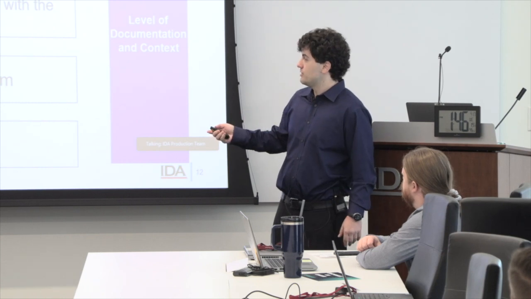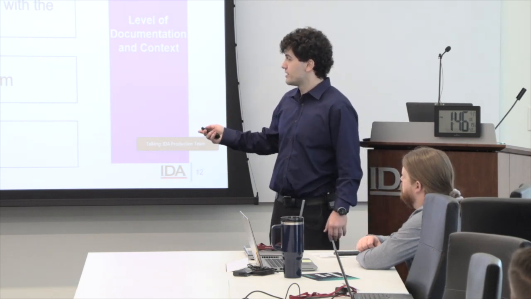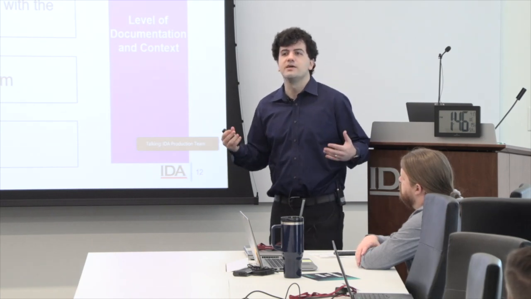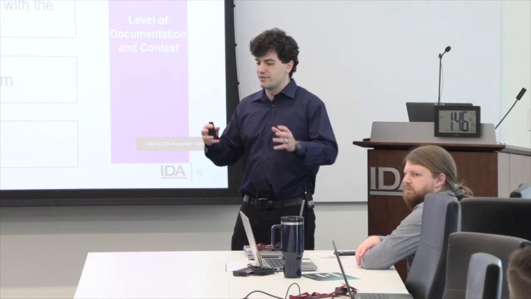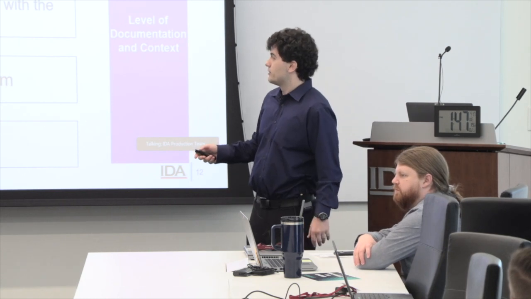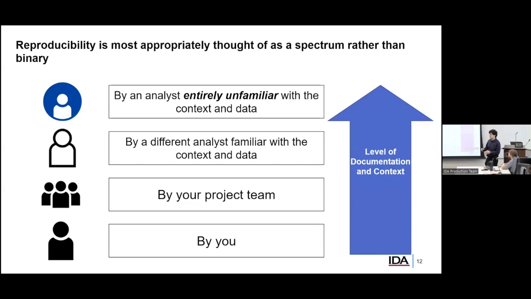An even higher level would be a different analyst who is kind of familiar with the context, might have some subject matter expertise, but is on a completely different team and does not know the specifics of your project. And the highest level of reproducibility is someone who is entirely unfamiliar, who probably works in a different field, but should still be able to reproduce it.